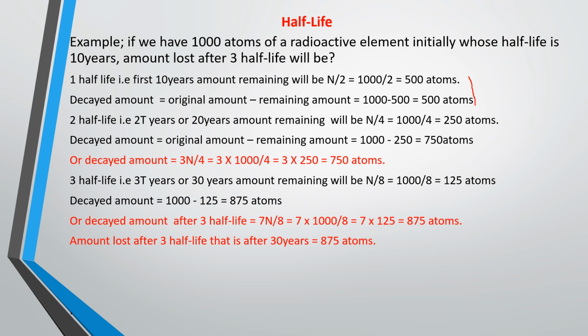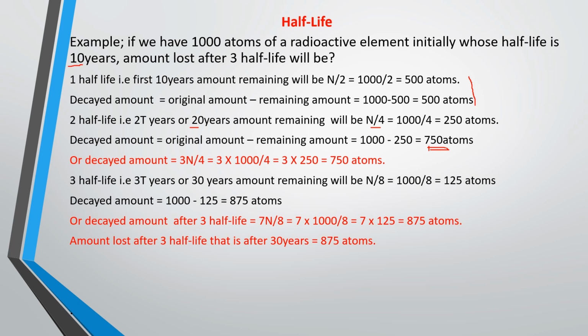Now for the second half-life, which is 2 times t, or 20 years, the amount of the substance that will remain is n over 4, remember, which is 1000 over 4, which is 250. Now the amount decayed will be equal to original amount minus remaining amount, which is 1000 minus 250, which is 750 for the second half-life.